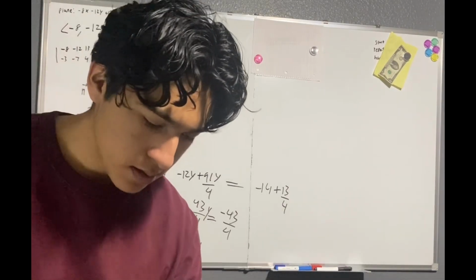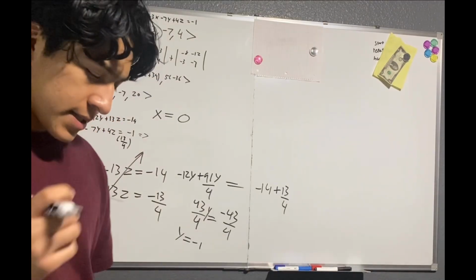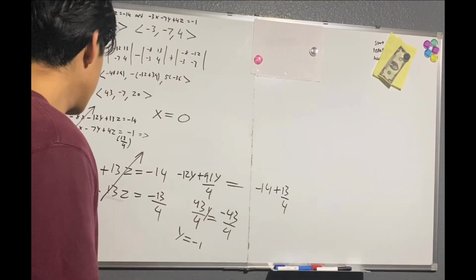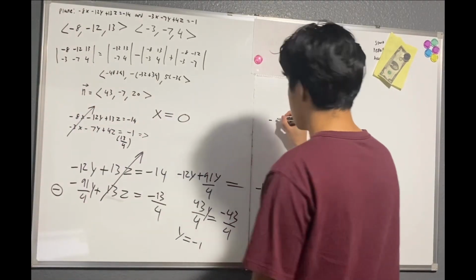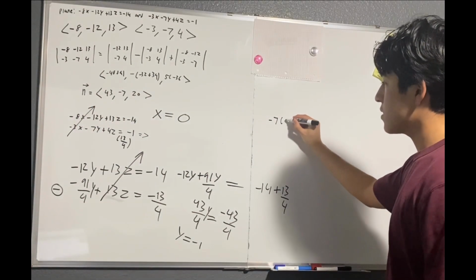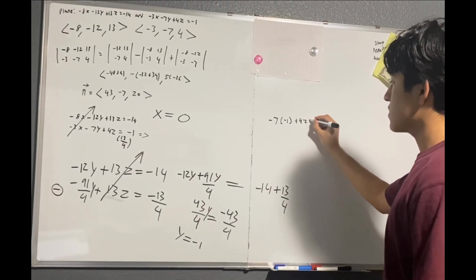And then we're going to try to plug in y and find our z. In this case, though, when we plug in y, we're going to use this bottom one here. So -7 times -1 plus 4z is equal to -1.